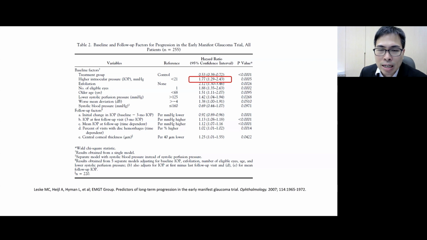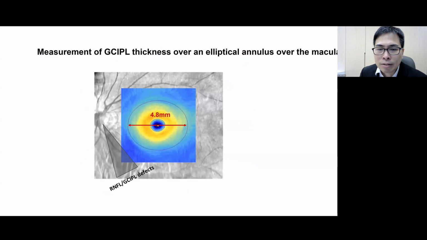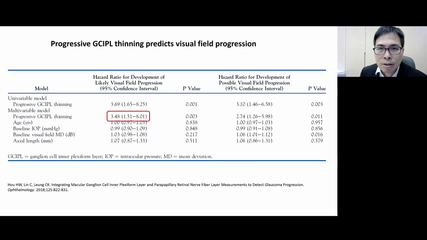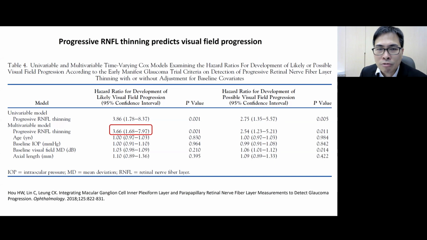So this is the rationale of lowering the intraocular pressure, because we want to lower the risk of visual field progression. Now, with this rationale, imagine if we see progressive retinal nerve fiber thinning, this eye has a 3.6-fold higher risk of development of visual field progression.